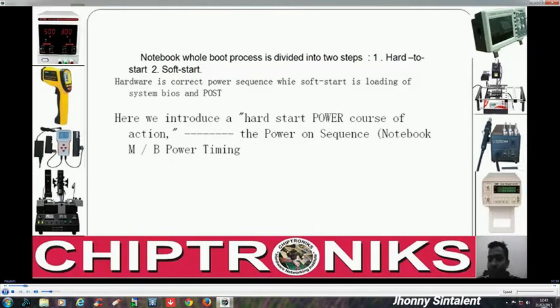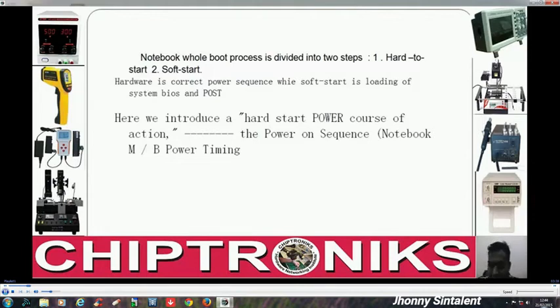You can call the BIOS the logic: in the first case the hardware gets started, and in the second case the logic gets started. So hard start is when the CPU gets its power, and soft start is when the CPU reads from the BIOS and gets the initialization data. We also call it the loading of the system BIOS and the power-on self test.